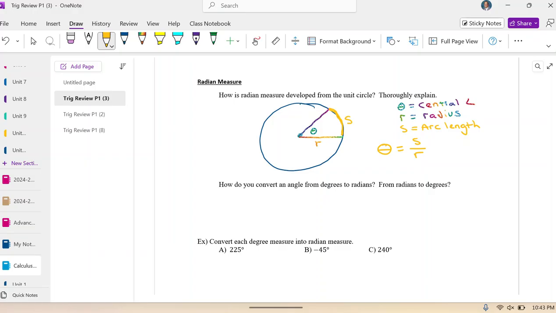So knowing that 360 degrees equals one circle in degrees, well, in radians, it would be the arc length. Well, the arc length of a full circle is the circumference, which you can cancel the r's, and you get 2 pi in radians.